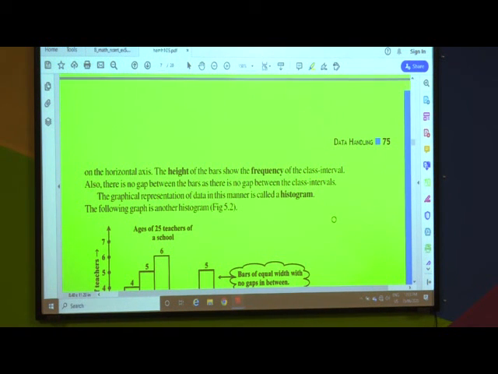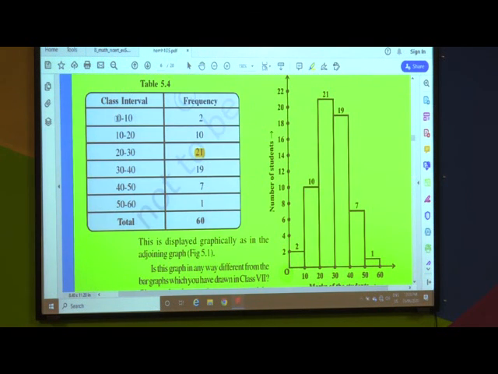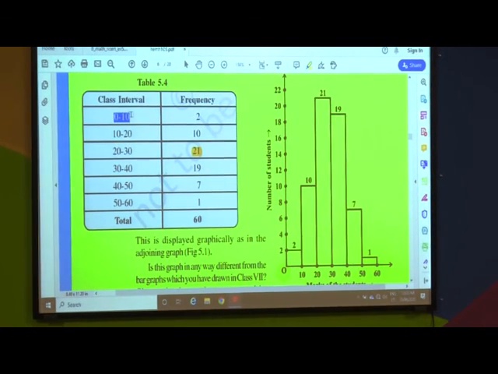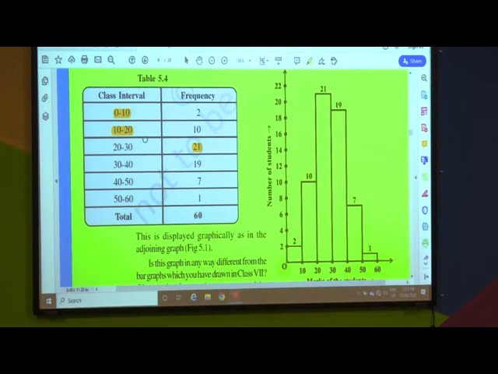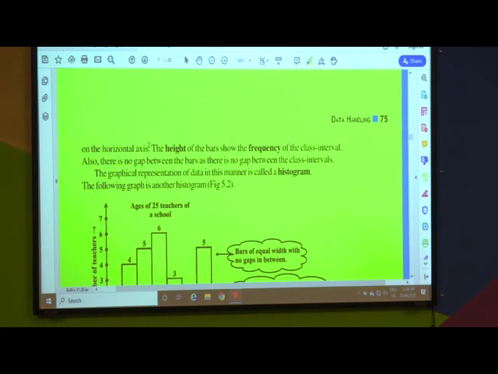There is no gap between 0 to 10 and 10 to 20. The first class interval is 0 to 10, the second is 10 to 20. Where is the gap in between? No gap.